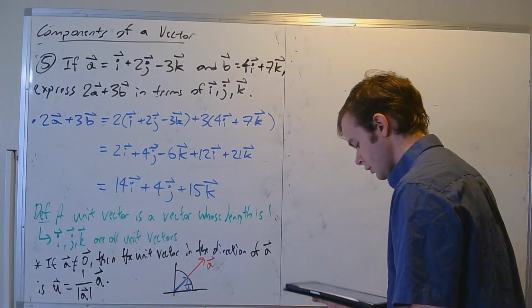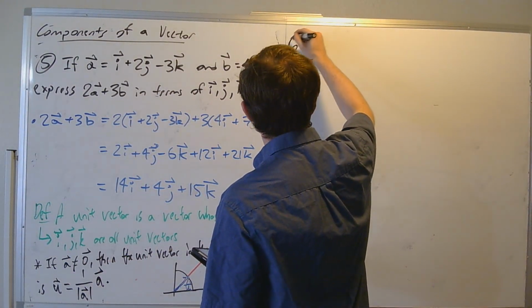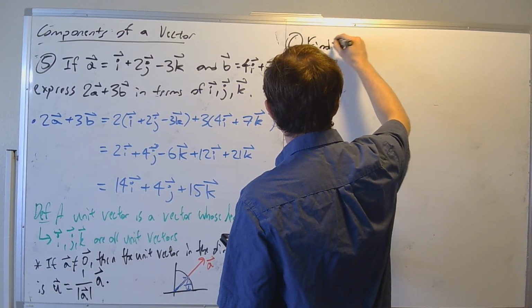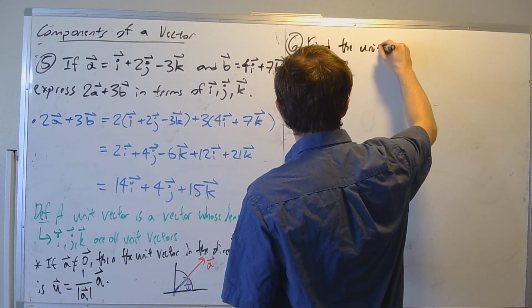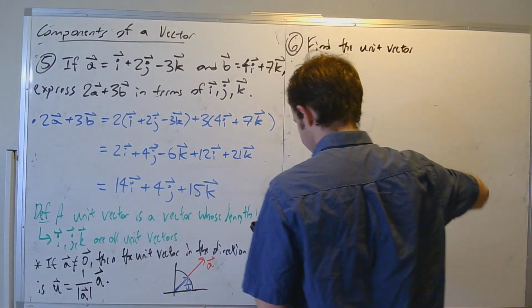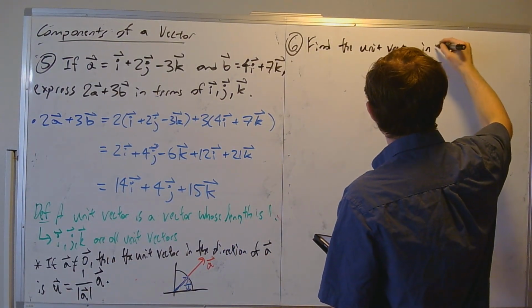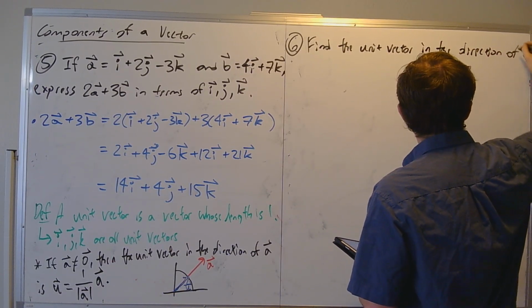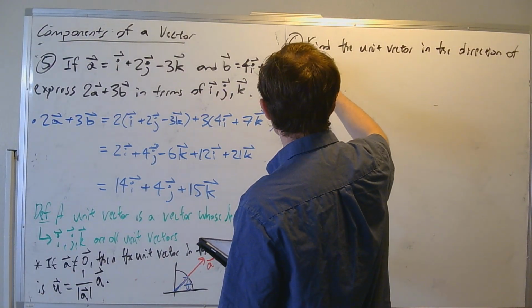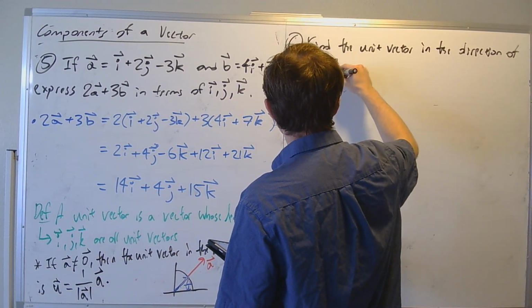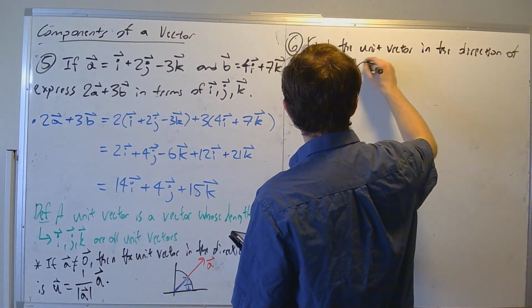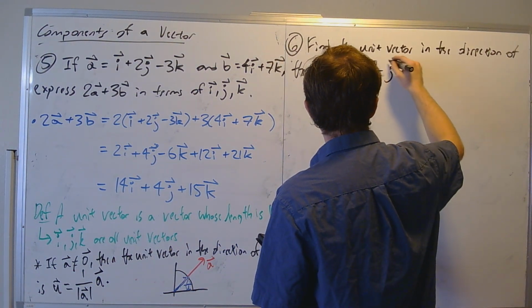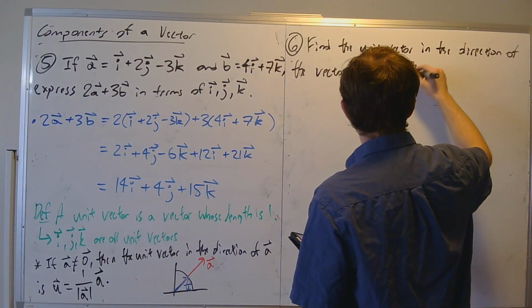So example number 6 is going to say find the unit vector in the direction of the vector 2 times i minus j minus 2 times k.